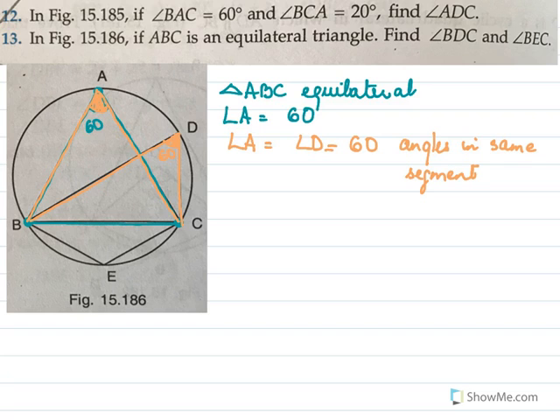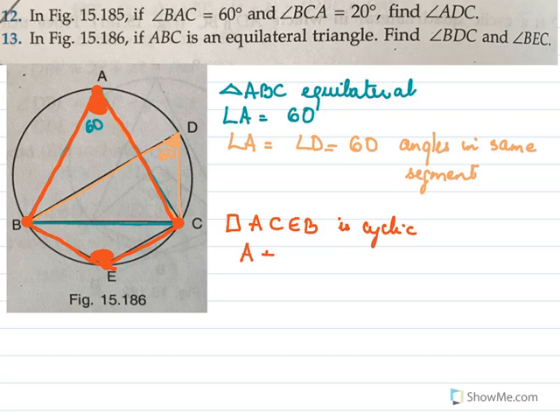Now we can spot a cyclic quadrilateral A, C, E, B. It's cyclic. All the four vertices are on this circle. So quadrilateral A, C, E, B is cyclic, which means the opposite angles when you add up, you get 180.